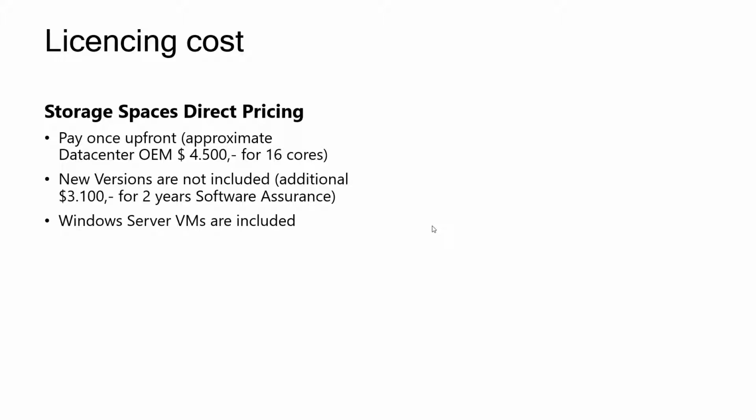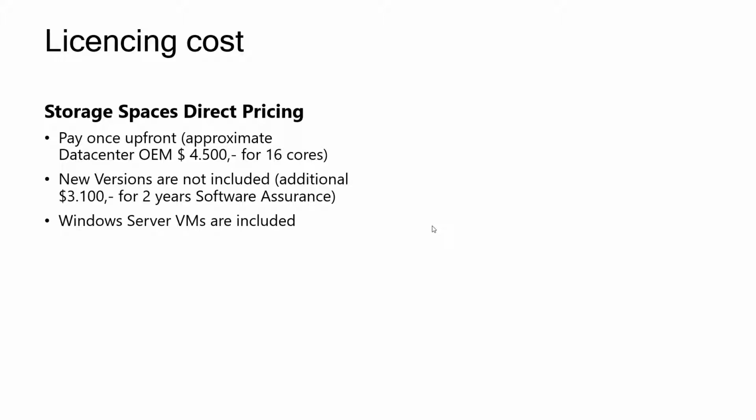So today you buy Windows Server Datacenter 2019, and we assume that maybe next year we will have a new Windows Server and you want to have this software too. So you buy software assurance in addition to your Datacenter, if you want to have the new version. And software assurance is roughly half the price of the volume license Datacenter version.